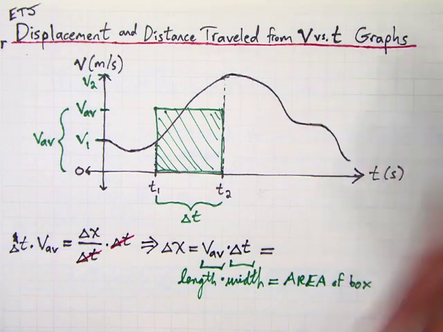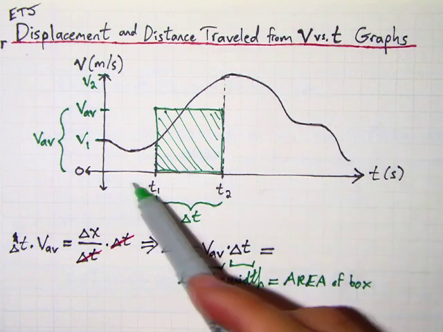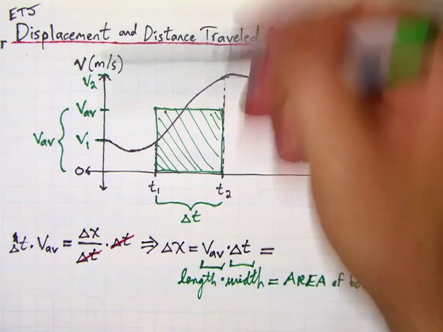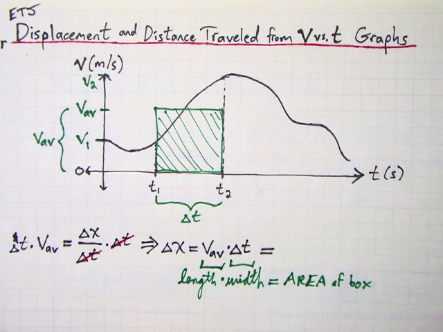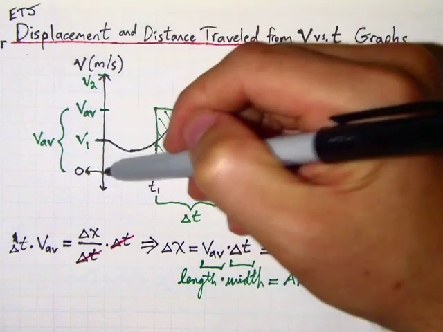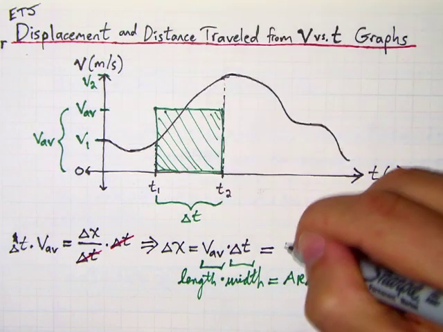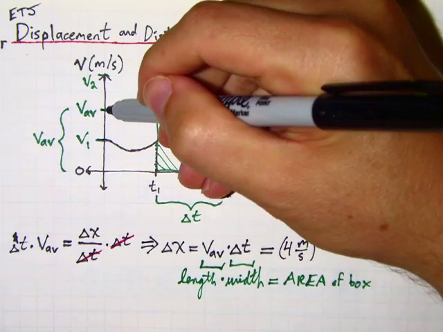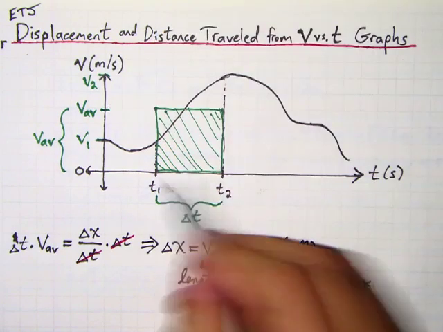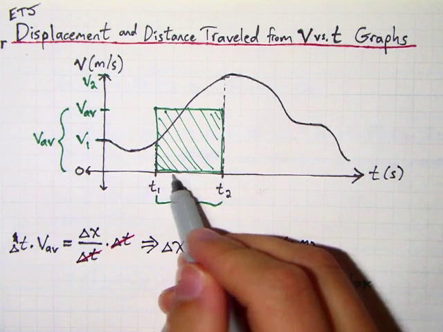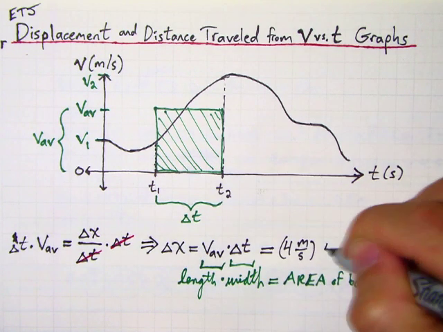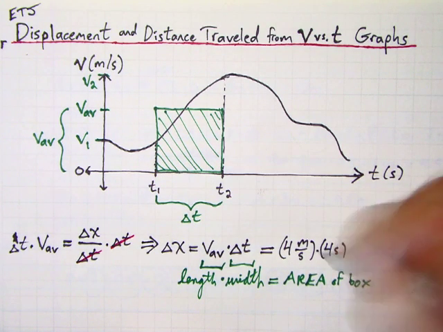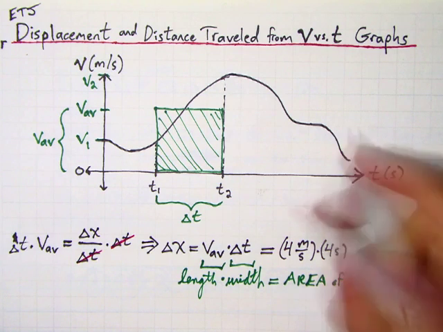Okay, well, let's look at this scale here. If we assume it's 1 second per box here and 1 meter per second per box here, the average looks like 1, 2, 3, 4 meters per second. And our time interval is 4 seconds. So our length times width is 4 meters per second times 4 seconds.